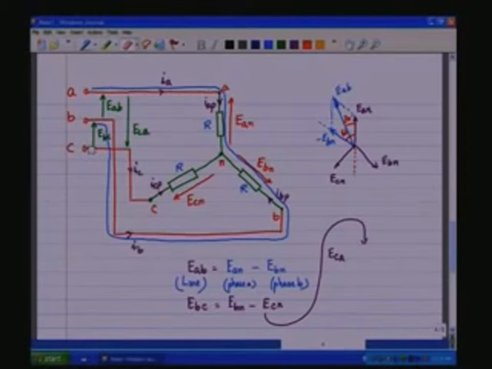So, if we look at the voltages, ECA will be equal to ECN minus EAN, and then back to the start. So, this is equal to ECN minus EAN.